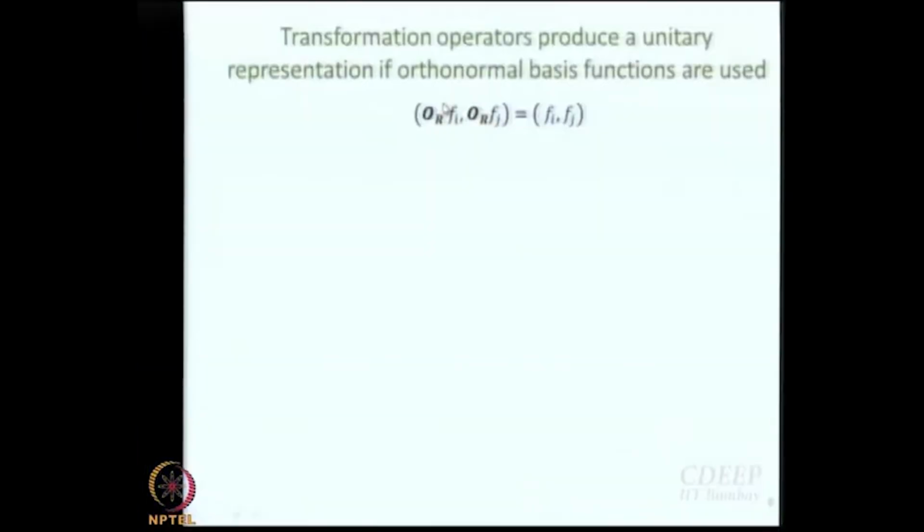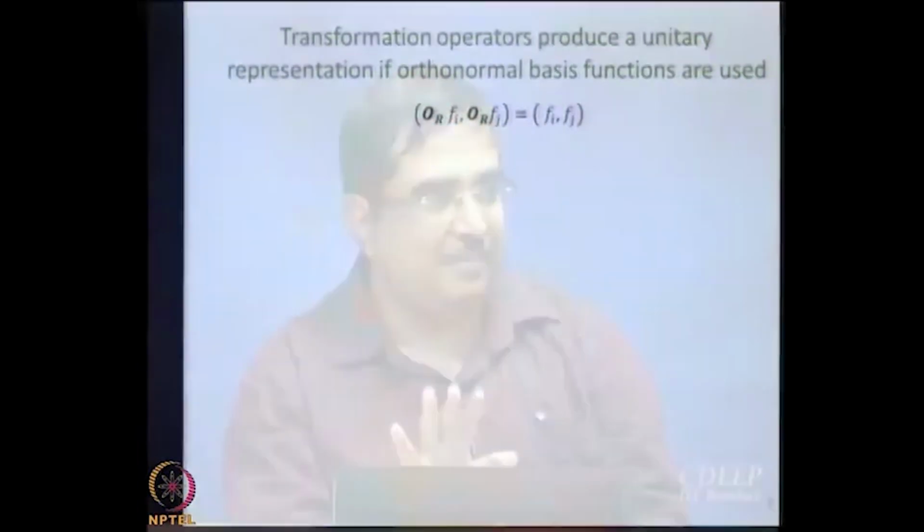And to do this we start from something that we learned a little while ago, that the scalar product remains the same. Okay. The scalar product of the transformed functions is the same as the scalar product of the original functions. Okay. Now, you are using orthonormal basis functions, right.